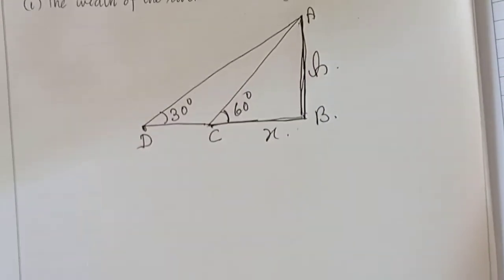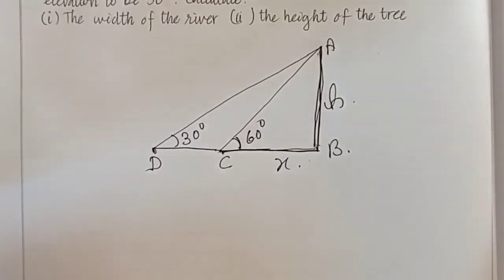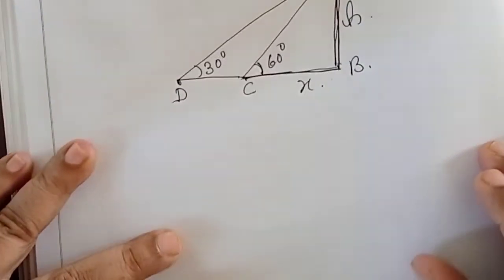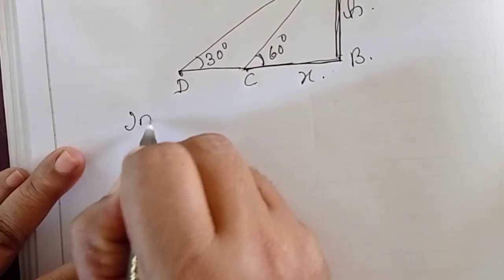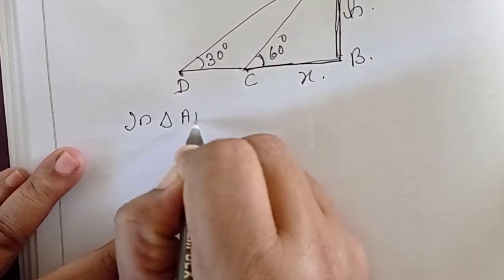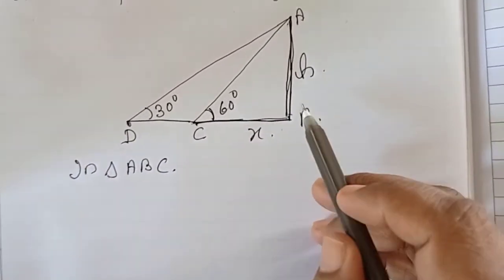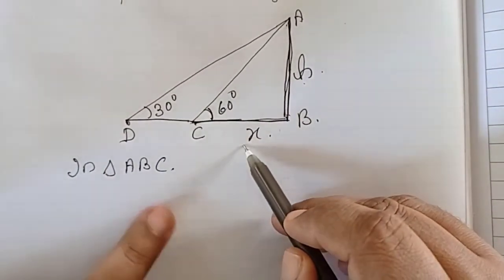Very important question. Listen carefully. First you draw the figure, then you can do one by one. In triangle ABC, that is a right triangle, what's the relation connecting opposite and adjacent?